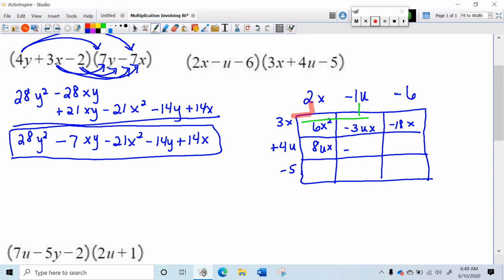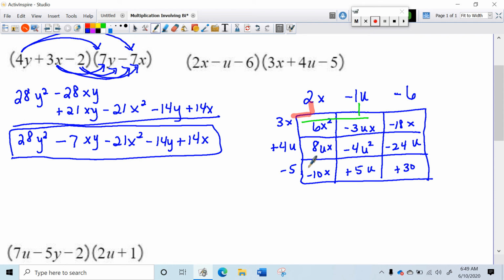Negative 1 times 4 is negative 4, and I have 1 u here, 1 u here. That's 2 u's. Negative 6 times 4 is negative 24, and I have a u. 2 times negative 5 is negative 10, and there's an x there. Negative 1 times negative 5 is a positive 5, and there is a u. Negative 6 times negative 5 is a positive 30.